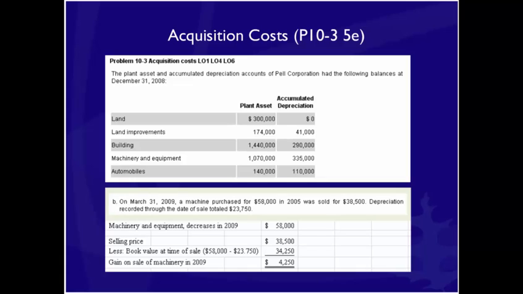On March 31st, a machine purchased for $58,000 in 2005 was sold for $38,500. Depreciation recorded through the date of the sale totaled $23,750. So we know we have a decrease in machinery and equipment of $58,000, the original cost. And then we need to calculate the gain on the sale of the machinery, or loss, whatever it turns out to be.